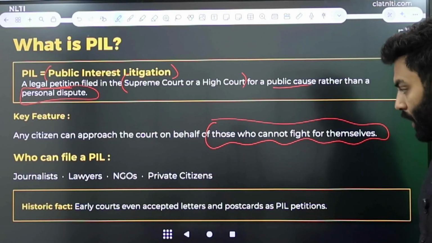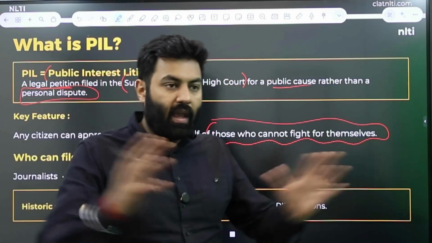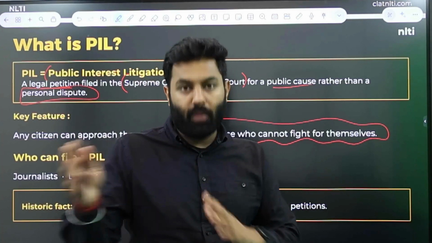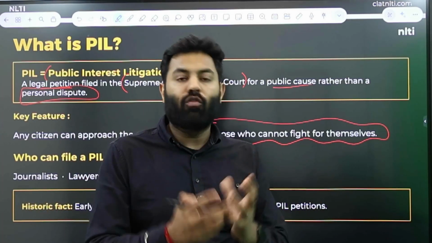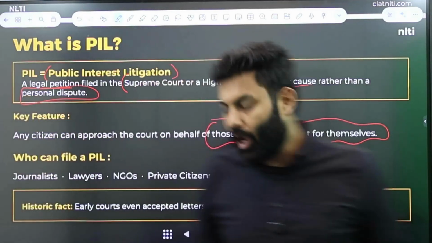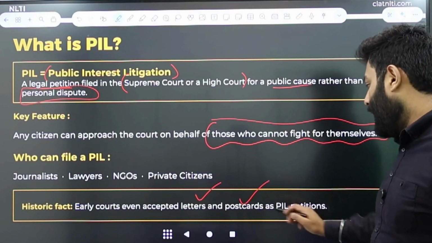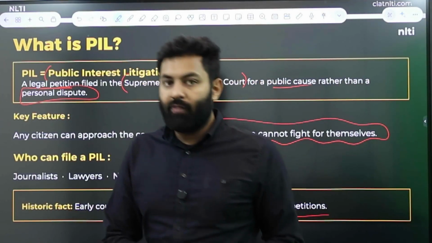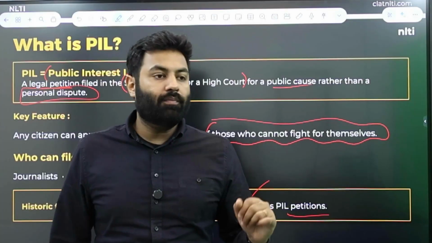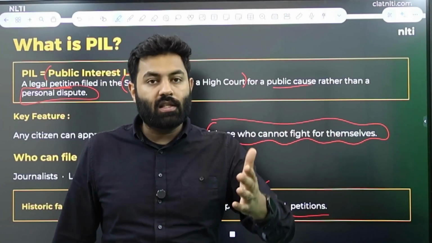In the 1970s and 80s, when PIL was in its formative years and evolving as a thing, letters and postcards were also considered as PIL petitions. Like someone submitted a nameless letter to the court saying, this is the concern.